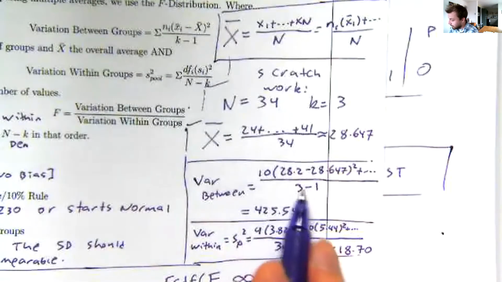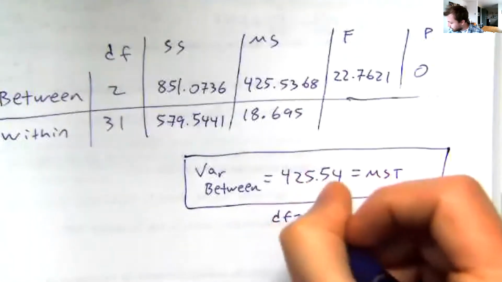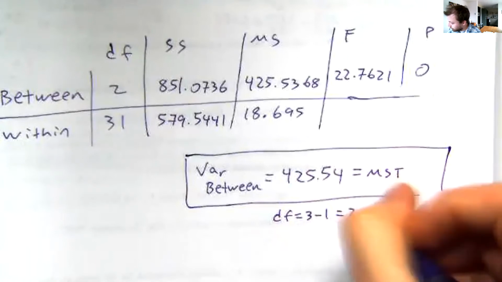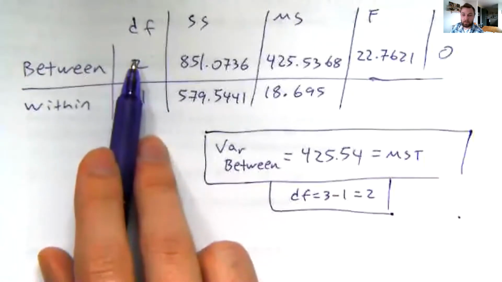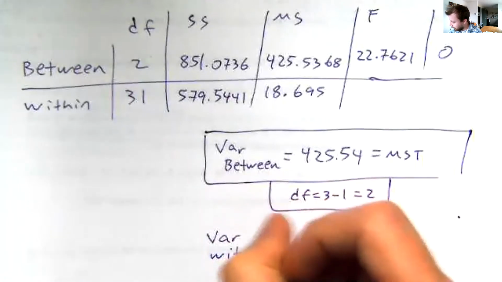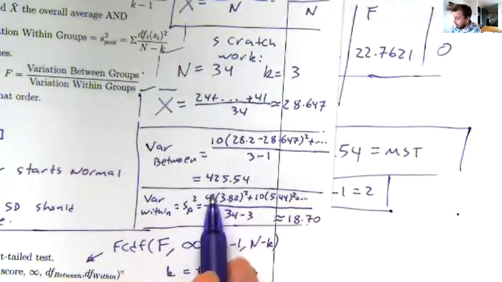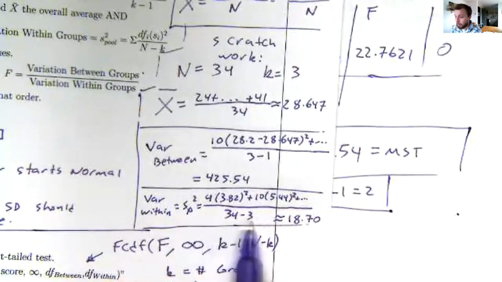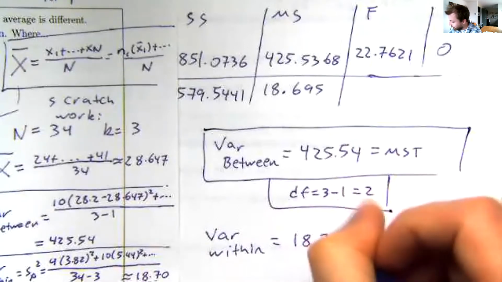Likewise, when I set up that fraction to find it, my denominator was 3 minus 1, so my degree of freedom for this was 2, and that also matches what I'm getting with GeoGebra. Looking at the variation within, when I did it by hand, I had this long calculation where I was dividing by 31, and it gave me 18.7.